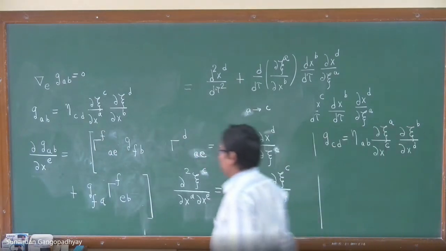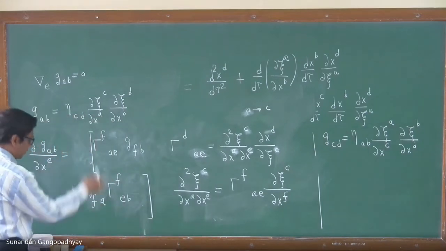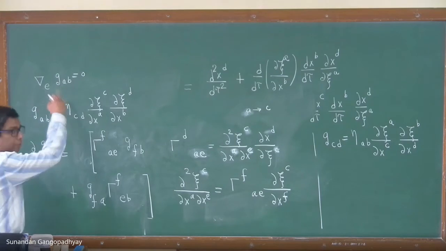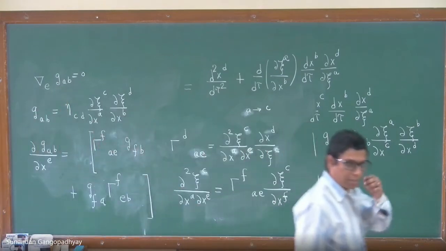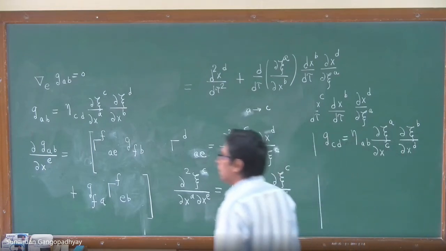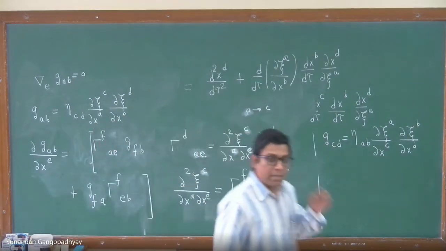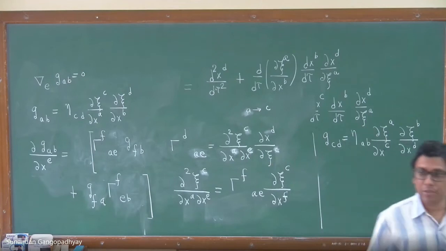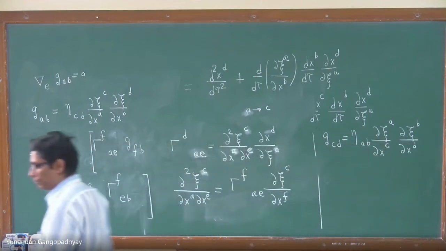So this is equal to 0, but that combination is the covariant derivative of the metric tensor, which should be equal to 0. That is the metric compatibility condition, and therefore it tells us that the metric compatibility condition is basically a physical input. It is the same as imposing the principle of equivalence.